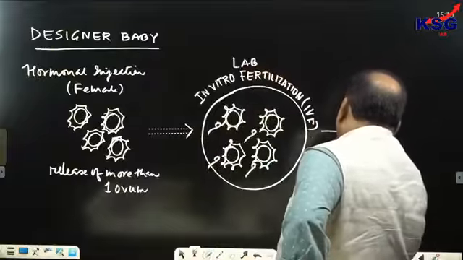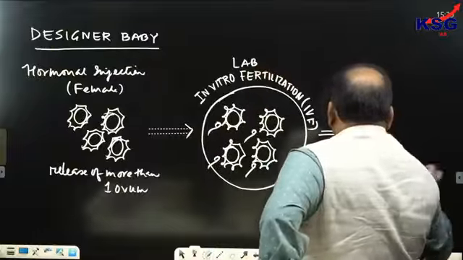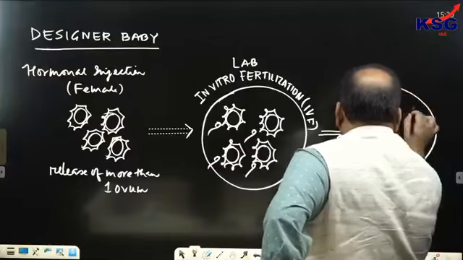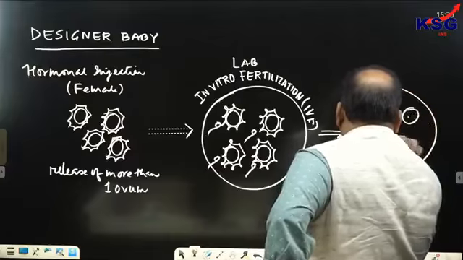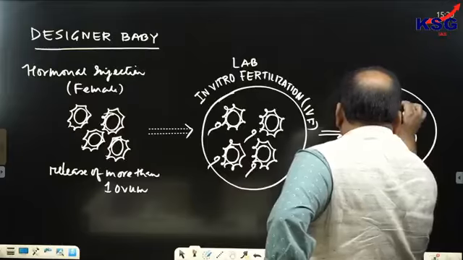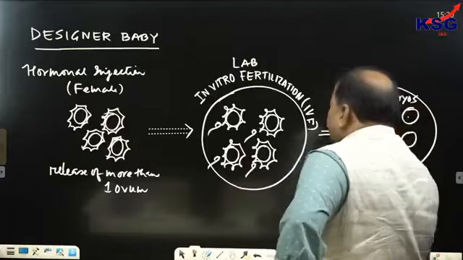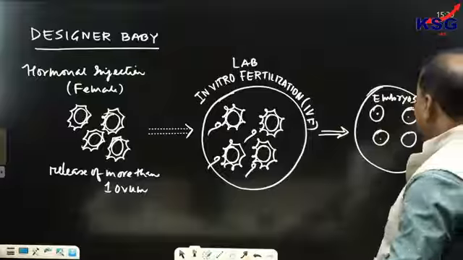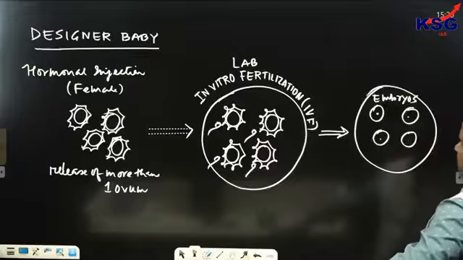Now, after this fertilization, 4 embryos would be formed. These are the embryos which are formed. Clear?